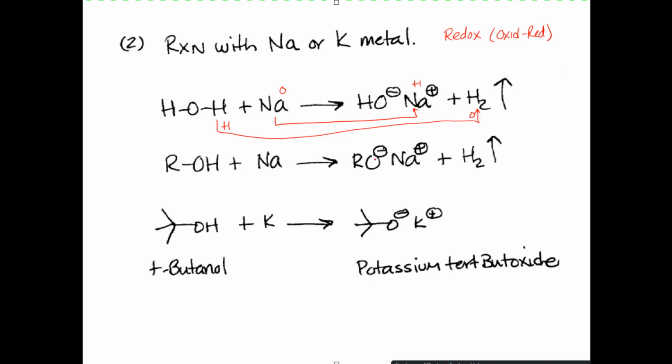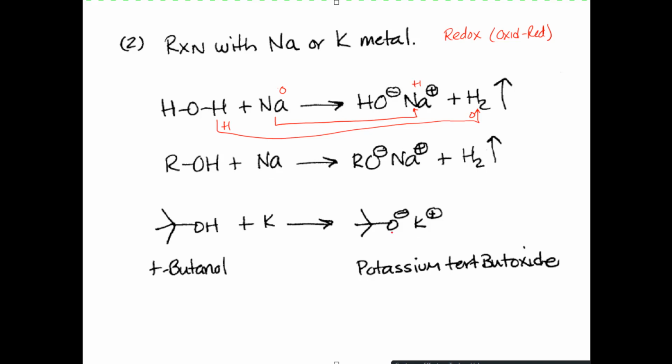And this could be an even more dangerous reaction because not only is the hydrogen gas flammable, and what normally sets sodium metal and water on fire is the fact that the hydrogen gas gets ignited with the spark that comes off of the sodium reacting with water, now you have flammable alcohol and flammable H2, and that's not really a good situation. So if you're going to make an alkoxide with sodium, or even worse yet, potassium, because it's more reactive, you have to be very, very careful, but it can be done.